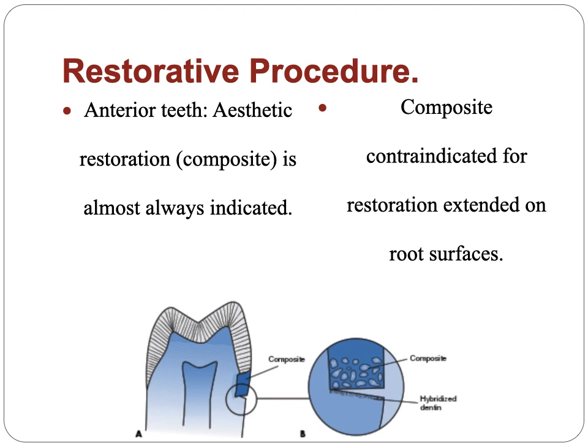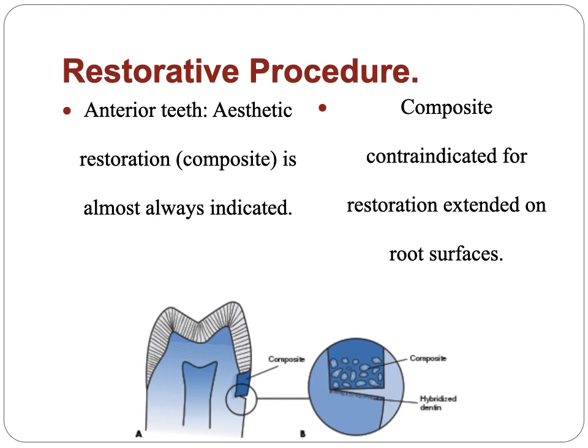For the restorative procedure, we usually use composites. It's prohibited or contraindicated to use any other type of restoration. This is an aesthetic area, so composite is the most common material that we are using. However, composite is contraindicated for restorations extended onto the root surface.